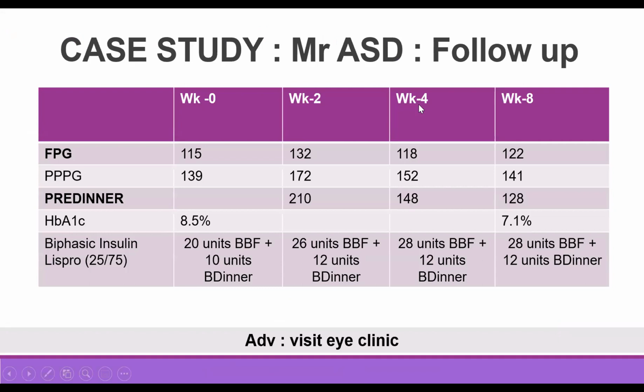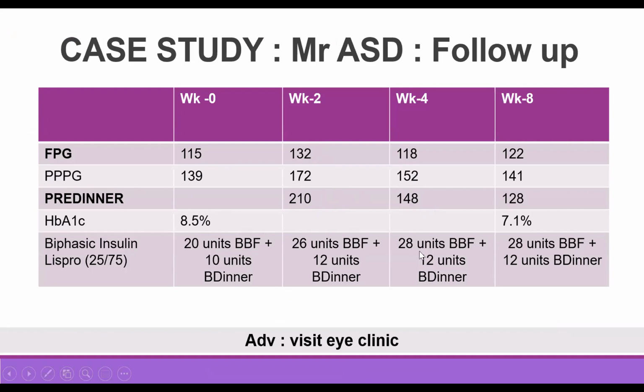So coming back to the patient, we are giving 20 units before breakfast, 10 units before dinner. We find a significant improvement in the pre-dinner value, which was 210. There is an improvement in the fasting, in the PP, and the pre-dinner value. From 210, it became 148.